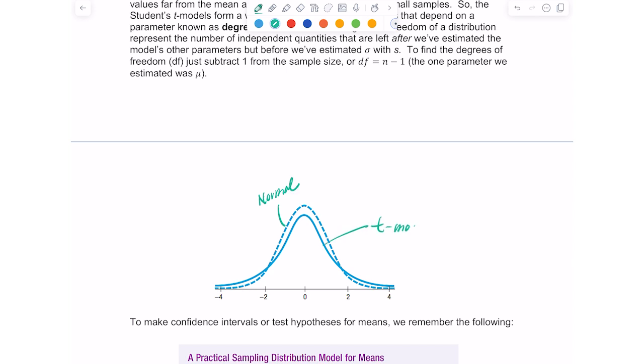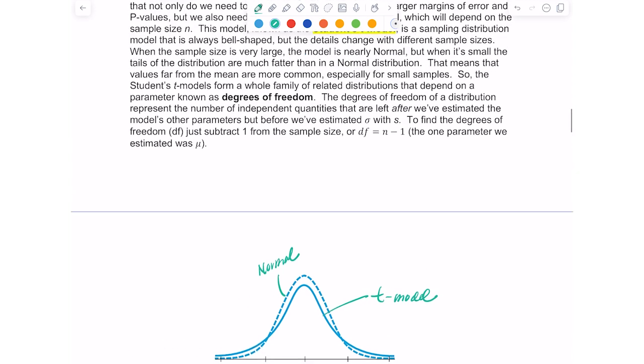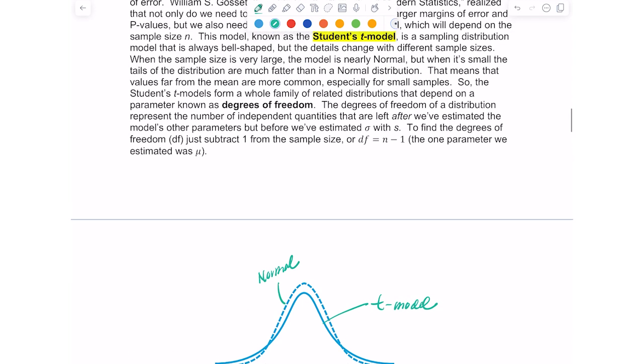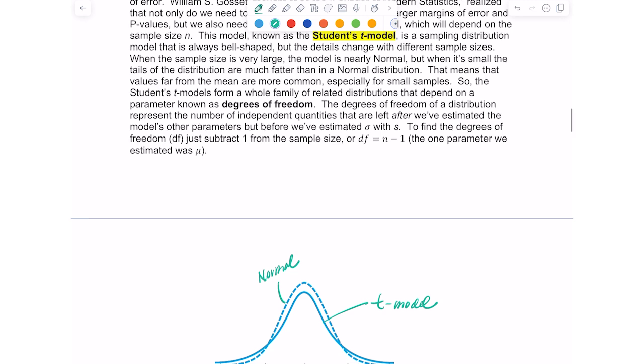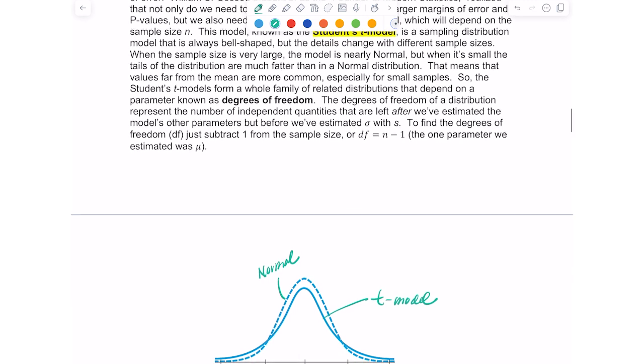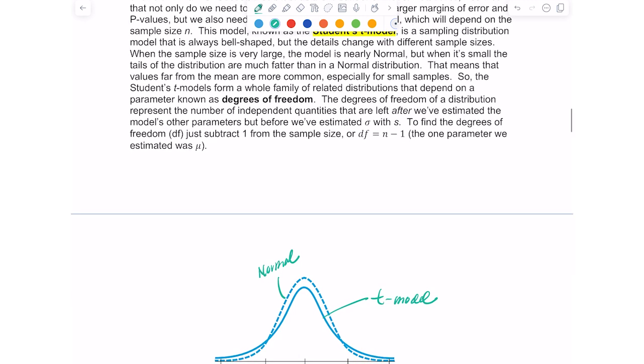You can see here, like we said, that when the sample size is very large, the model is nearly normal. But when it's small, the tails of the distribution are much fatter, and you can see on the solid curve how the tails are fatter than the dashed normal curve.